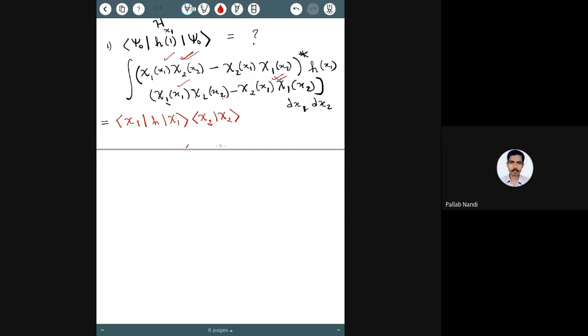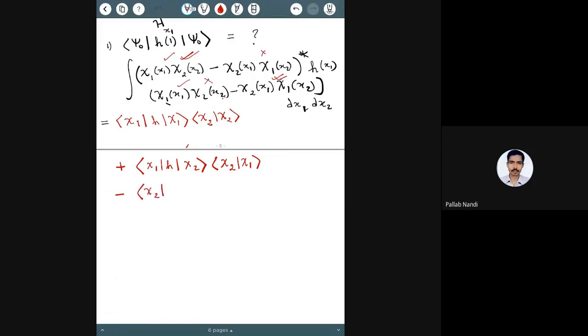So when I do this one and this one, I have plus chi1 h chi2 and chi2 chi1. Then I have the negative term. The first one is this and this.